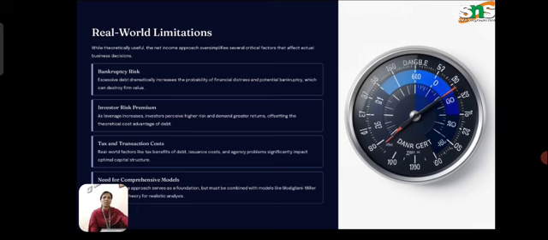Next we see the real world limitations of this net income approach. The net income approach simplifies several critical factors while affecting actual business decisions. That covers a few listed things.